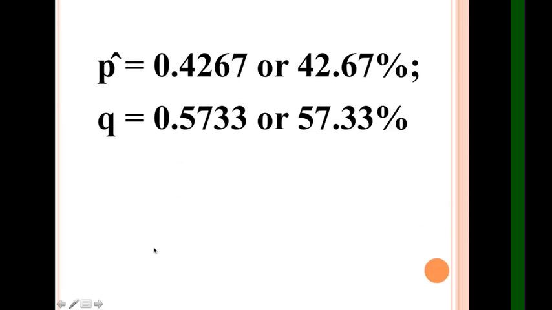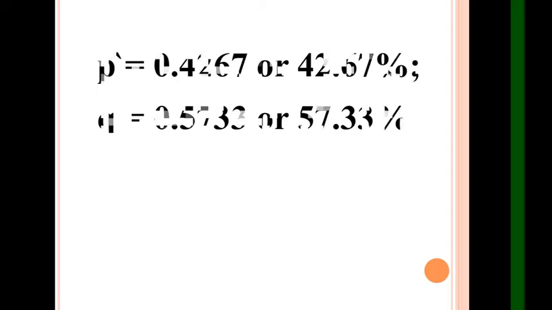So we have 128 divided by 300, you will get 0.4267 or 42.67%. And your answer for this will be subtracted from 1. So we have 1 minus 0.4267, and you will get 0.5733 or 57.33%. So 57.33% don't like to watch movies on the big screen, and 42.67% love to watch movies on the big screen.